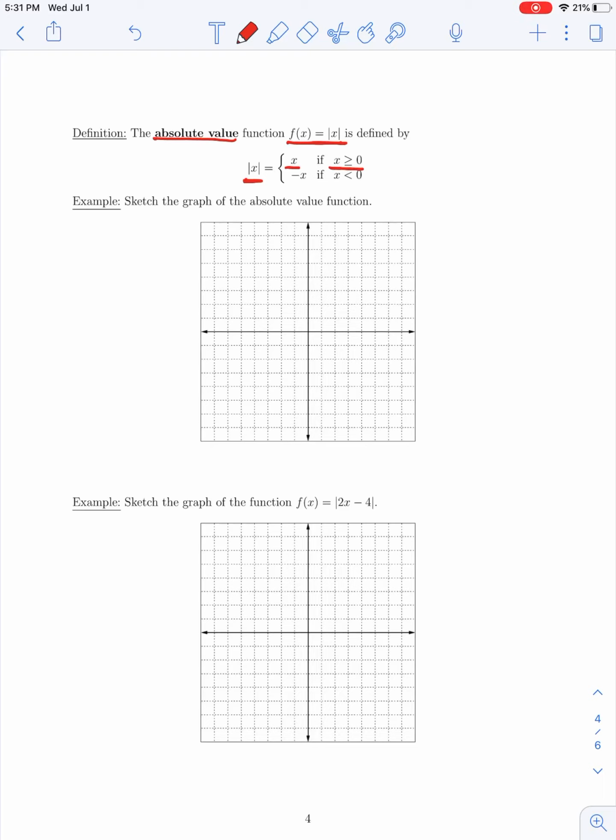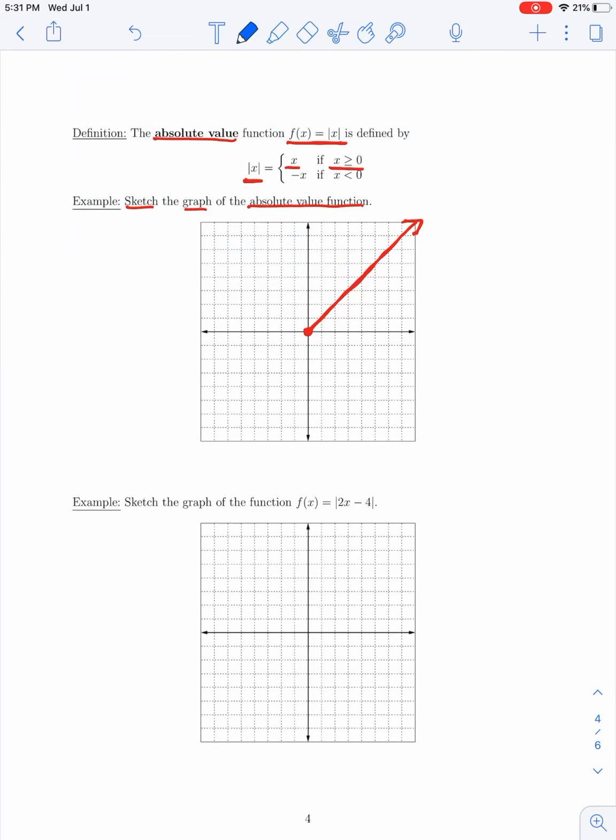That is, if you're taking the absolute value of any non-negative number, you get back the exact same number. So geometrically, as long as x is greater than or equal to 0, we have y equals x. So we have a line of slope 1 passing through the origin.